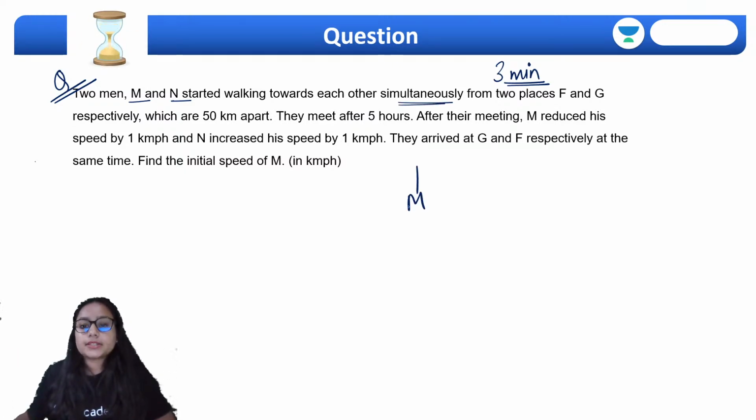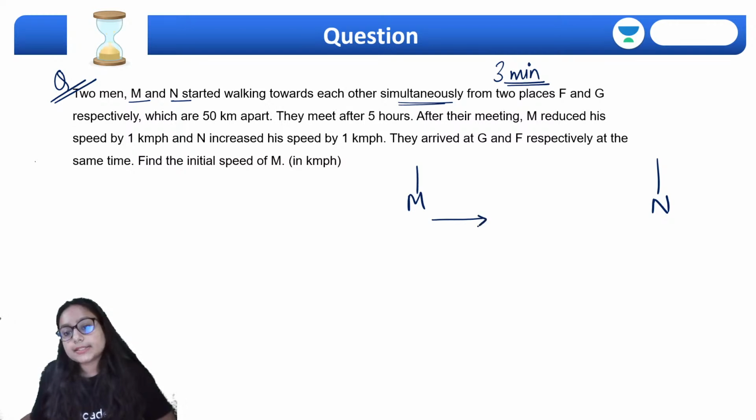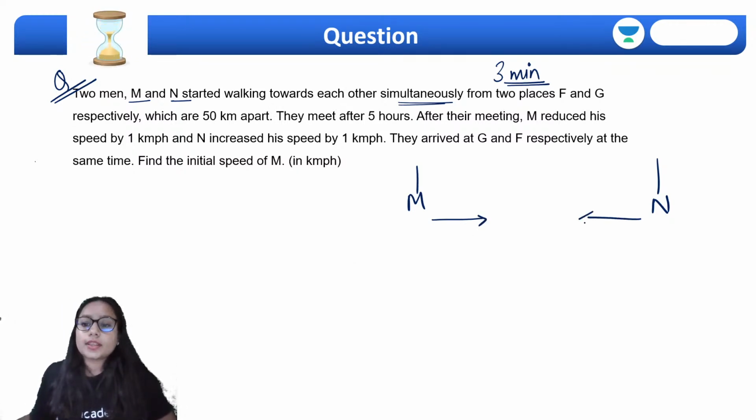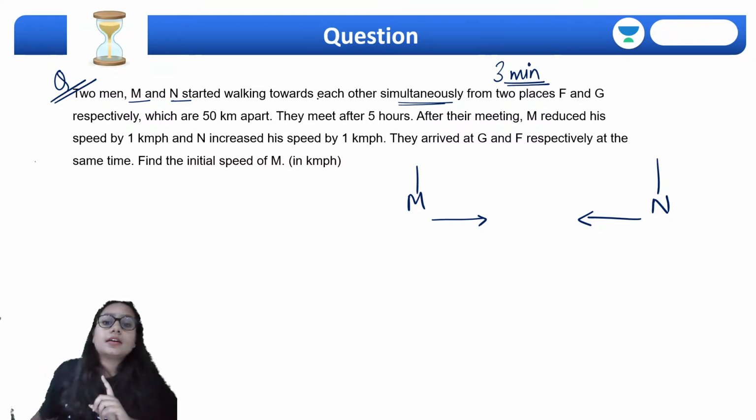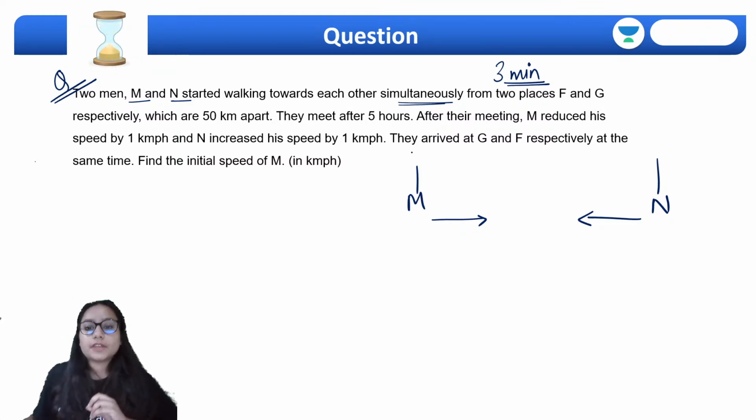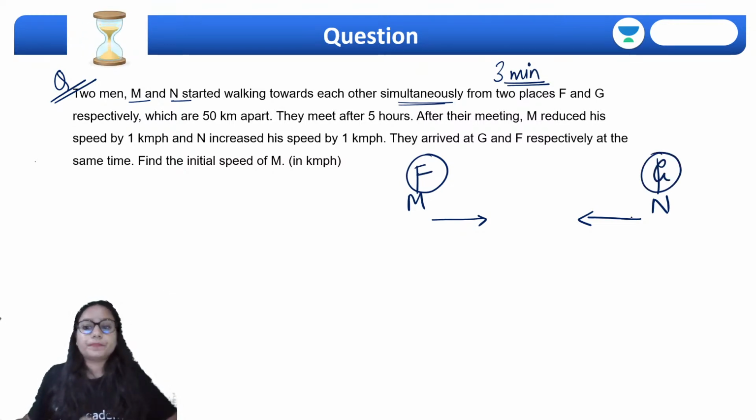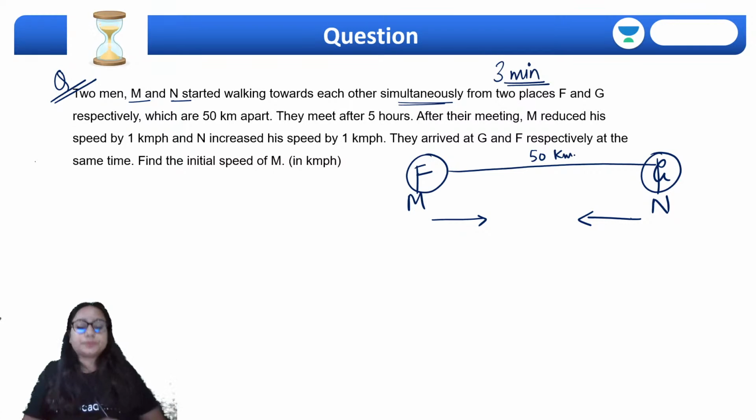If person M is here and person N is here, M starts walking in this direction and N starts walking in this direction towards each other, right? Then from two places F and G, these two places are 50 kilometers apart.